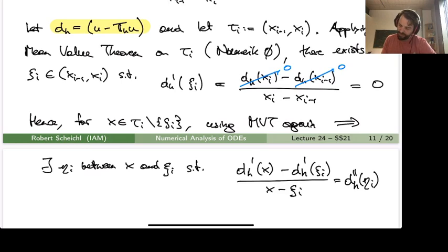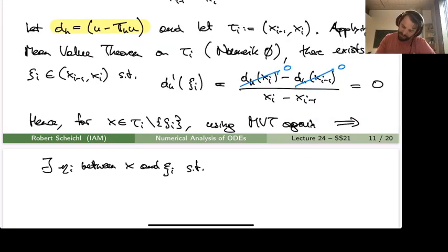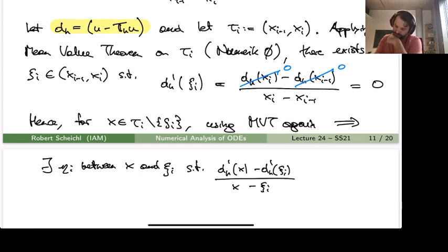Let me just rewrite this a bit smaller so that it fits here. Okay, so d_h primed at x minus d_h primed at xi_i divided by x minus xi_i is equal to d_h double primed at some specific point eta_i between xi_i and x, or between x and xi_i. But d_h is a difference between u and a linear function.